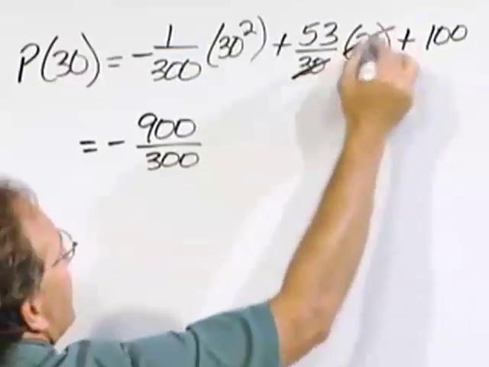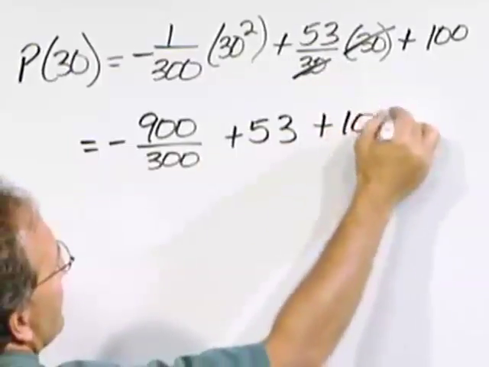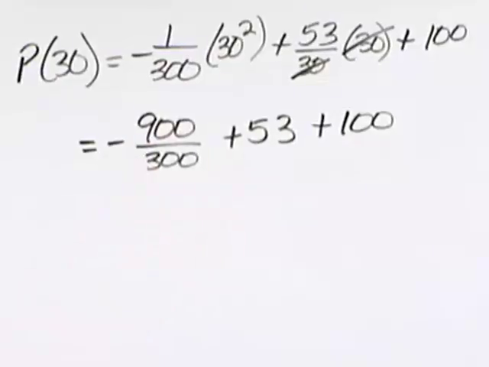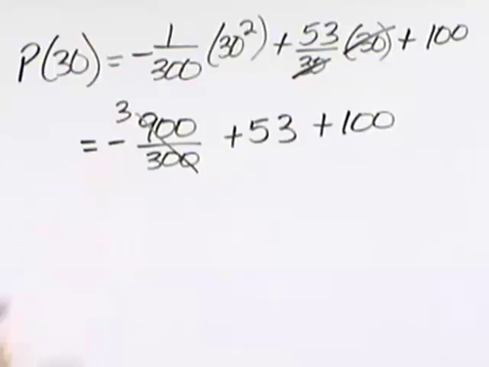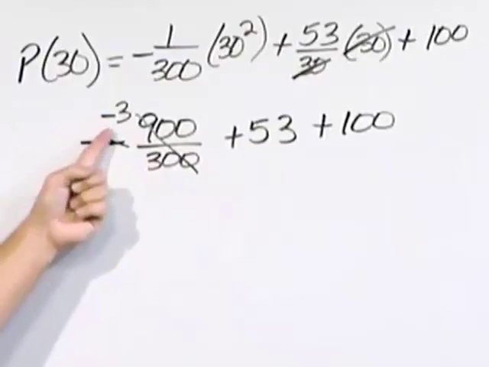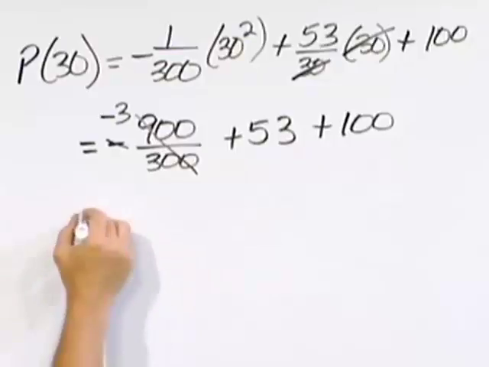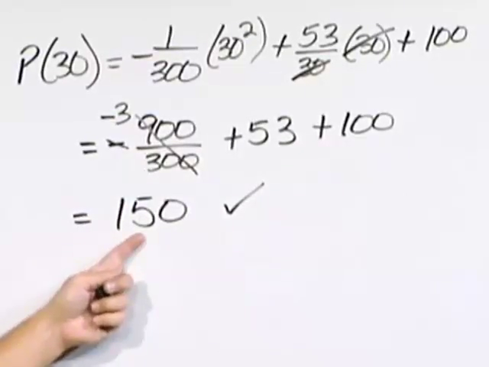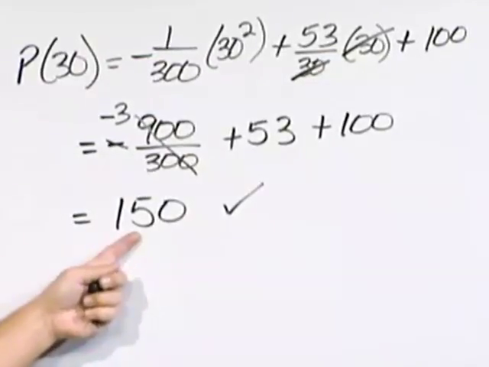The 30s here can cancel, leaving us with just plus 53, and then we still have the plus 100. Notice that 300 will divide into 900 exactly 3 times. So we have a negative 3, which I will now put up here and cross that out so there's no confusion. Negative 3 plus 53 is 50, plus 100 is equal to 150. And once again, it checks because a time of 30 seconds here should yield 150, and it does.